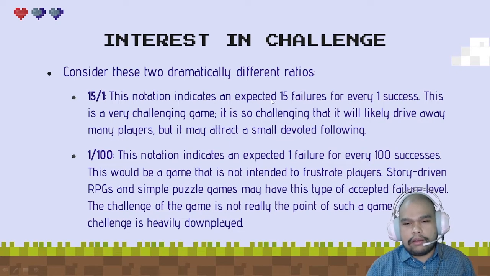Siguro, mga nasa hard level lang ito, something. So, this is a very challenging daw, but again, no, it's all in the preferences. So, it is challenging so that it will likely drive away many players, but it will attract a small devoted following. So, kumbaga, yung mga players na gustong hardcore yung paglalaro, pwede sa kanila to.